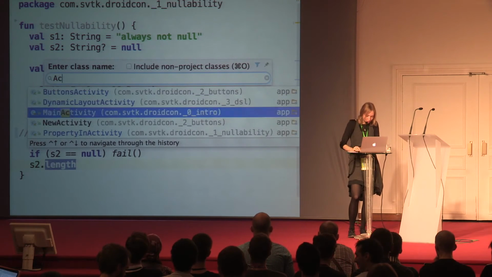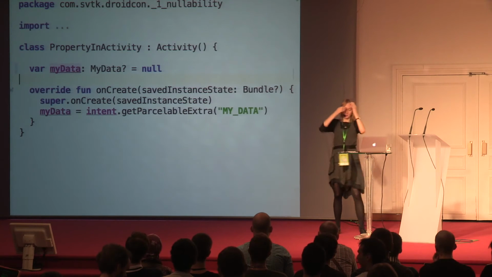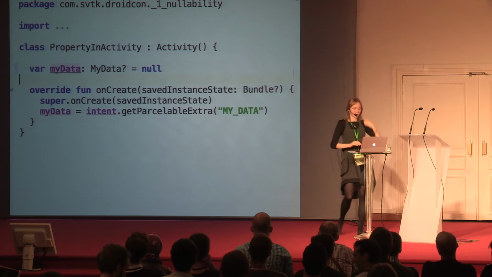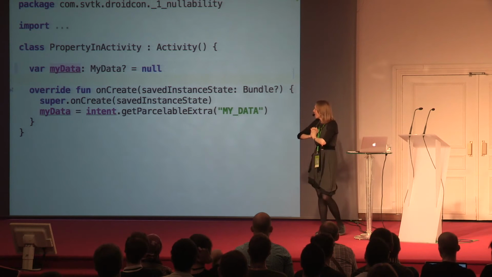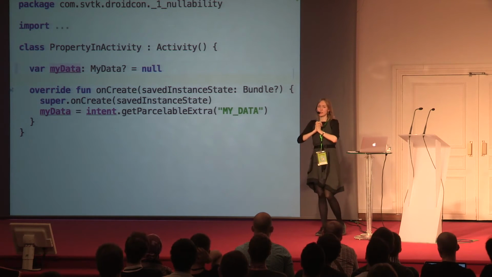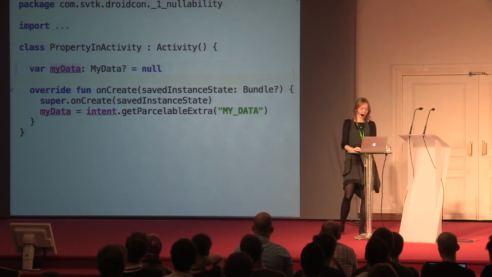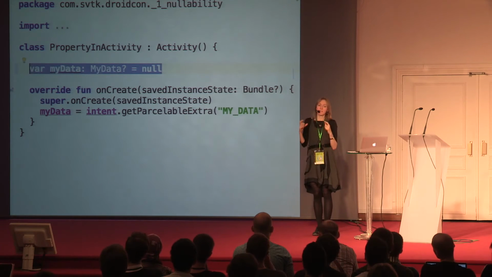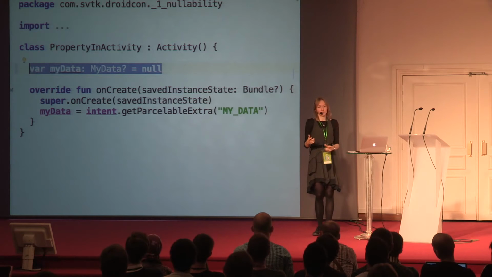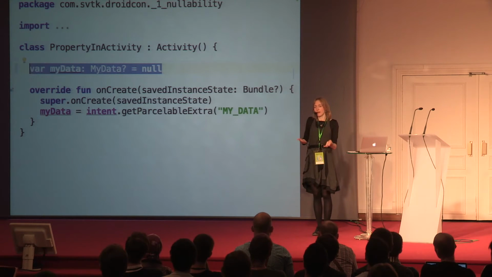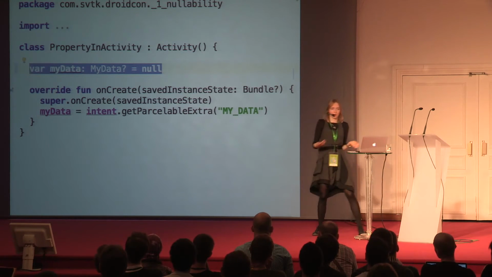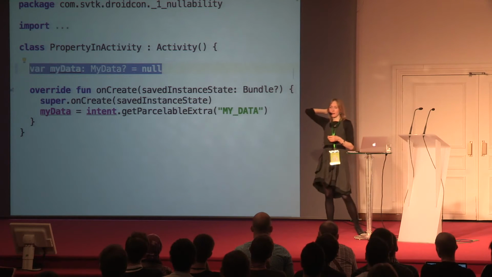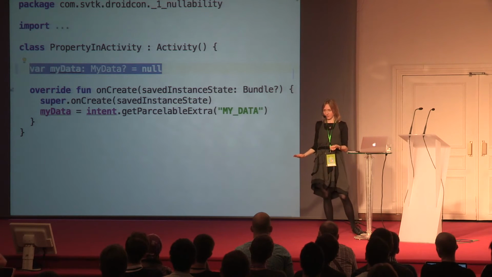Okay, this example. But let's move more to Android. Imagine I have an activity and I want to store a property in the activity. And the safe way to do it is to say, okay, it should be a null reference because we have to initialize it with something.